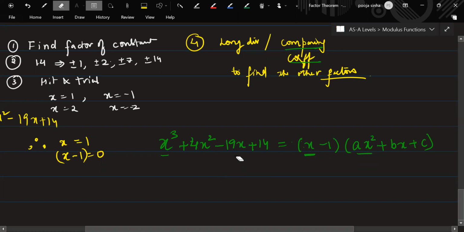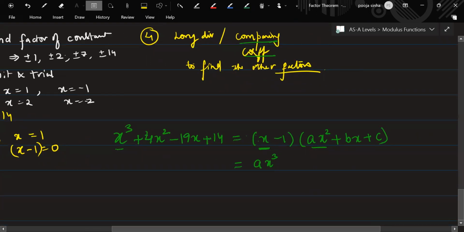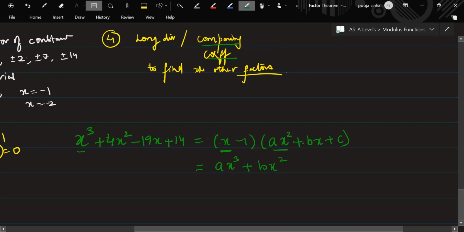Let's multiply it this side. What do you get? ax cube, right? And then bx square, plus cx, minus ax square, then minus bx, minus c.